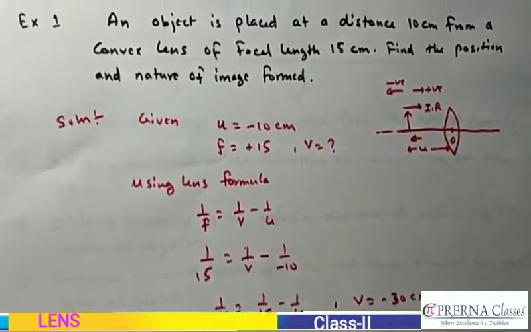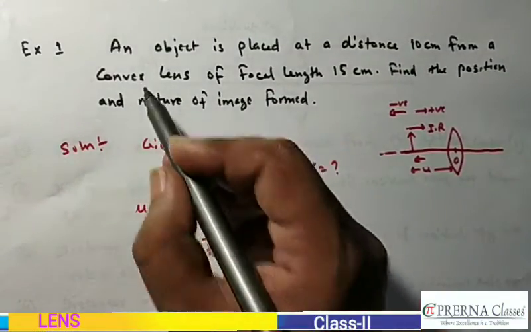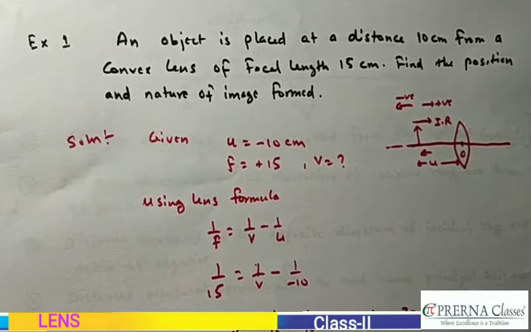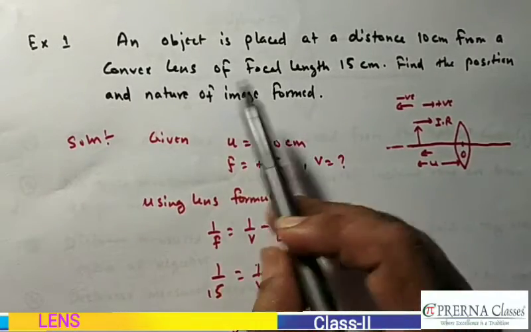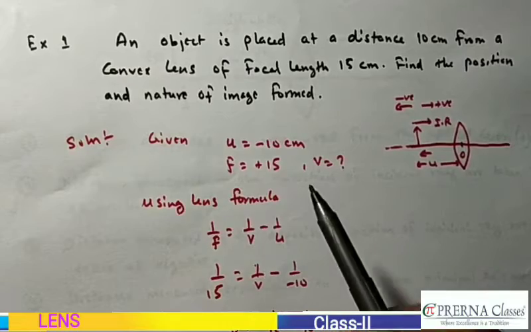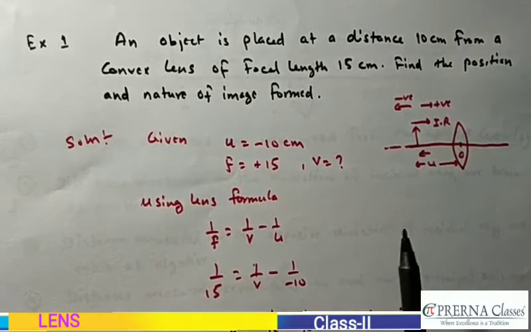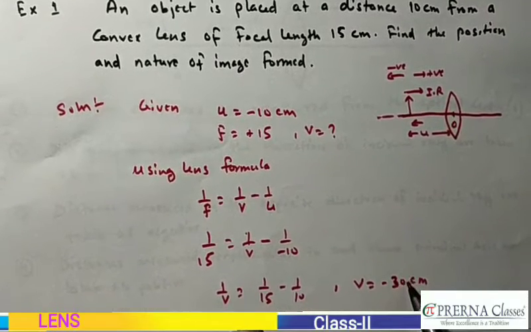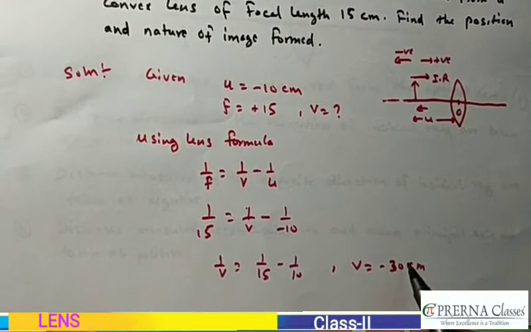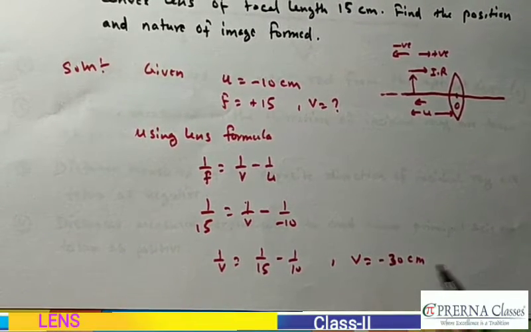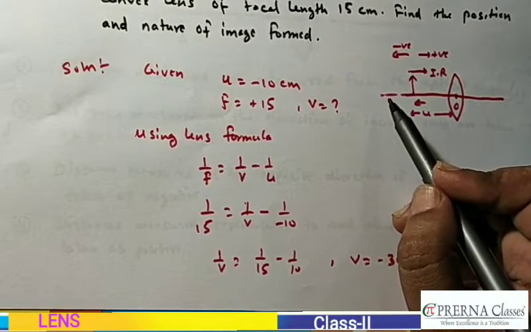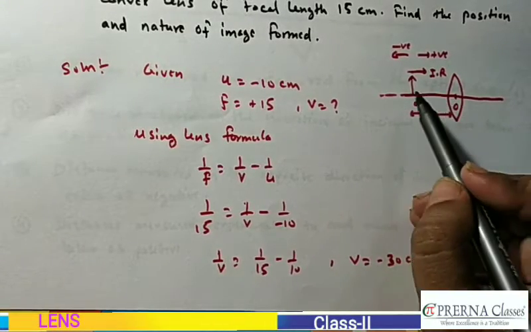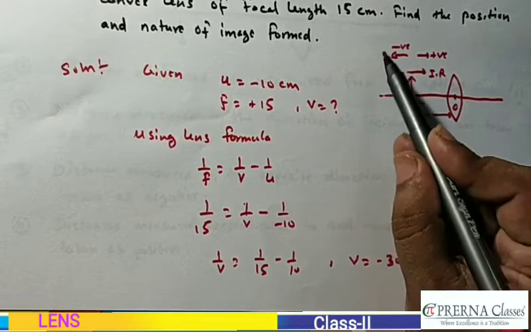Remember, here the object lens is a convex lens. v is minus 30, that means the image is formed on the same side of the object, right? Image is formed on this side of the object.